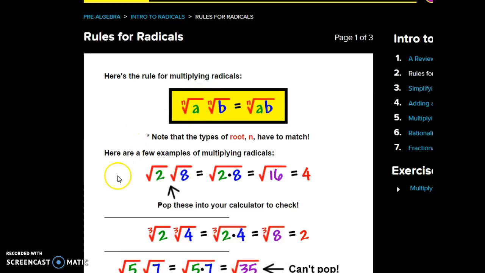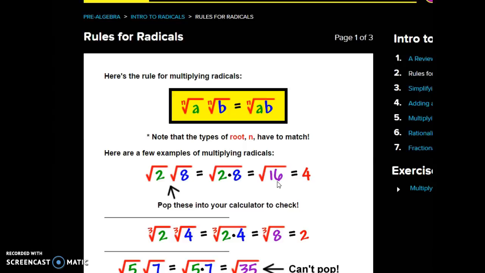Okay, here's a couple examples of multiplying. When we have the square root of 2 times the square root of 8, the rule allows us to say the square root of 2 times 8. Now, the square root of 16 is not our answer because we need to go one step further.